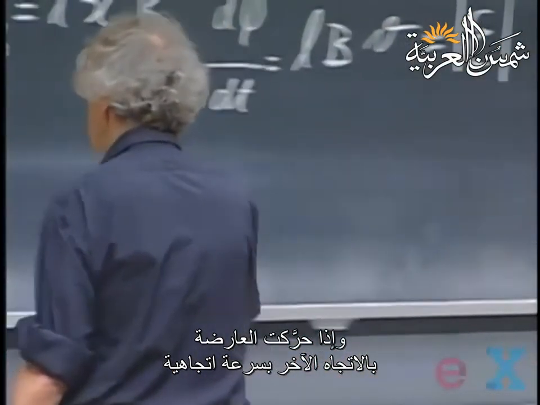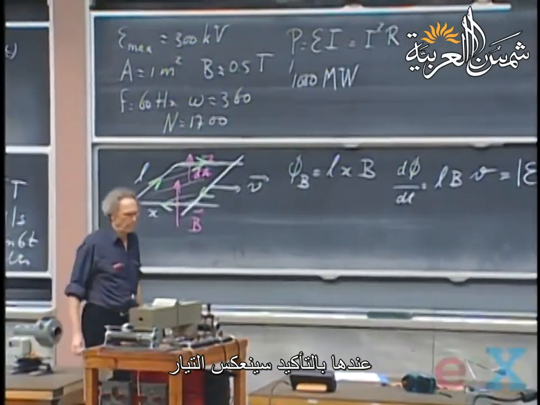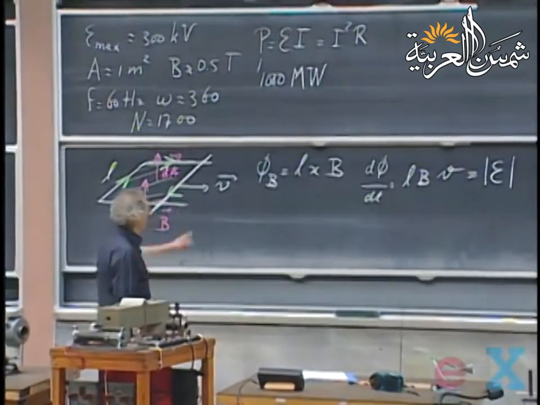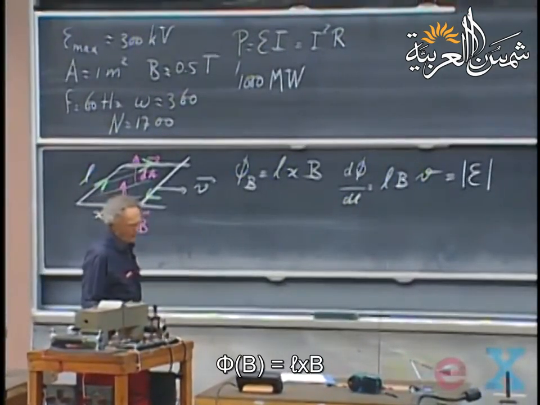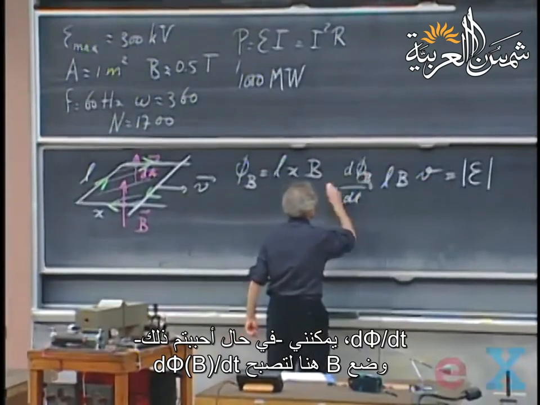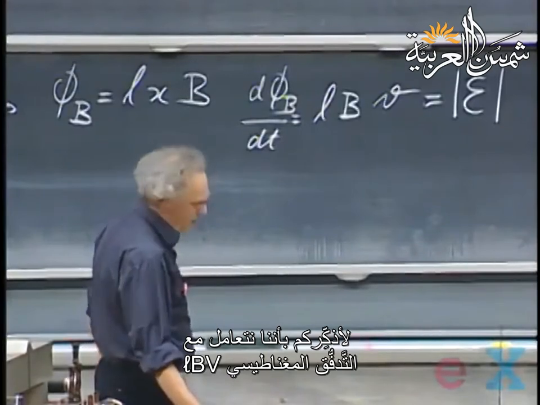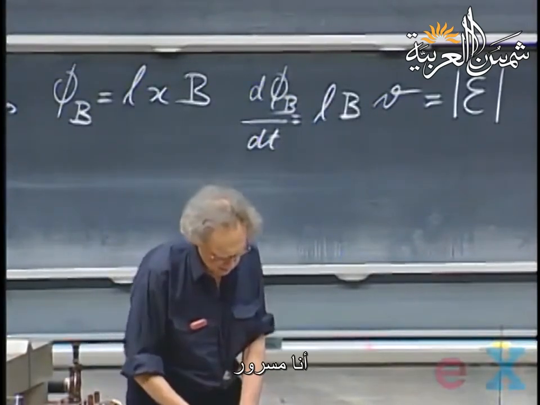And if I go in the other direction with the velocity, then of course the current will reverse. Φ = LxB, I can live with that. dΦ/dt, I can put a B here, if you like, to remind you that we're dealing with magnetic fluxes, LBv. I'm happy.